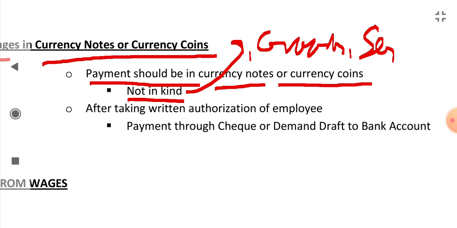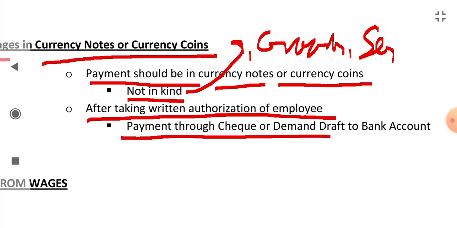After taking written authorization of the employee, the payment through check or demand draft to the employee's bank account can also be done. But not in kind, meaning not in goods or services.